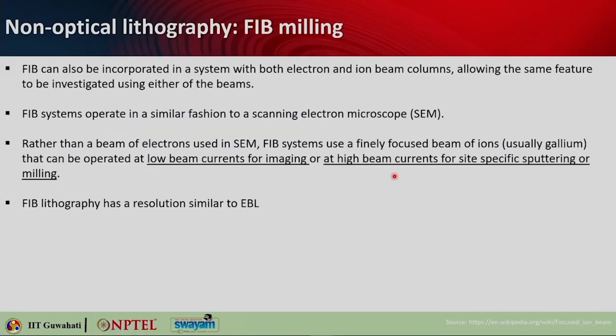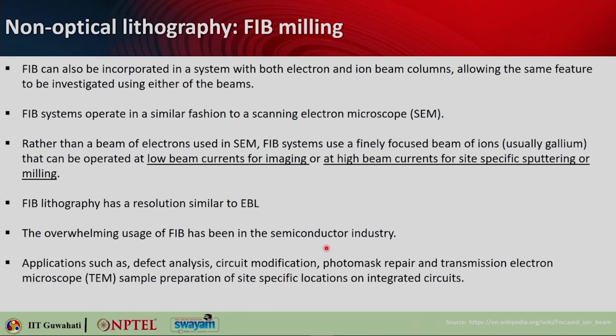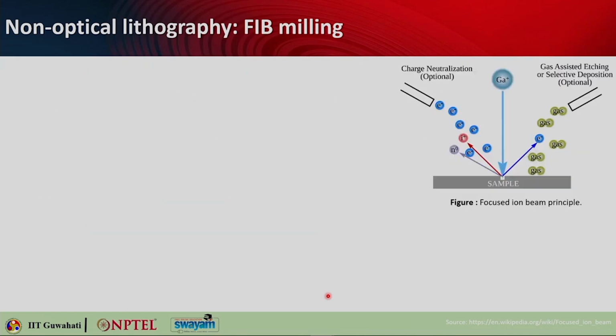The resolution in FIB is very similar to e-beam lithography, and you can see an overwhelming use of FIB in the semiconductor industry. So, what are the typical applications you can think of? It can be used for defect analysis, circuit modification, photomask repair, and transmission electron microscope sample preparation of site specific locations on ICs. All these intricate applications can be done using FIB.